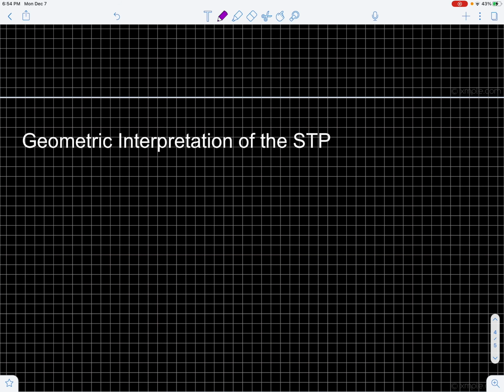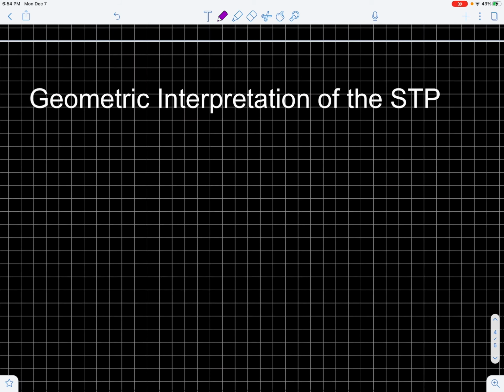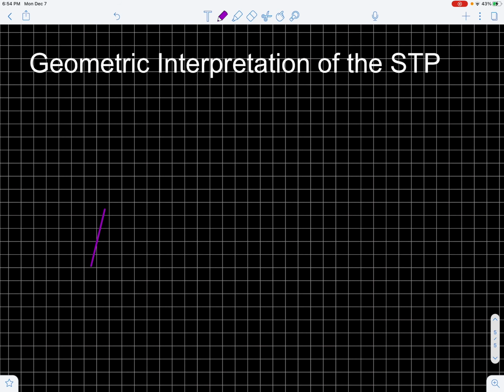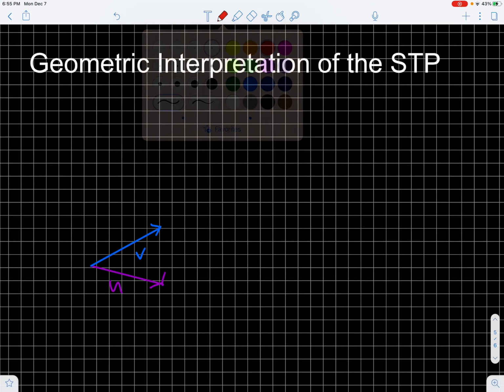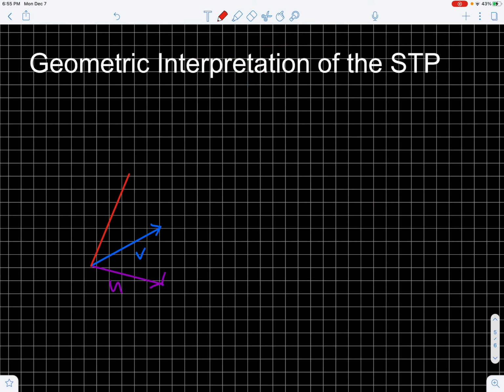Finally, a geometric interpretation of the scalar triple product. All right, so there's this shape. It's called the parallelepiped. If you've got a vector u, vector v, vector w, there's this shape that is made up entirely of the parallelograms formed by these vectors.